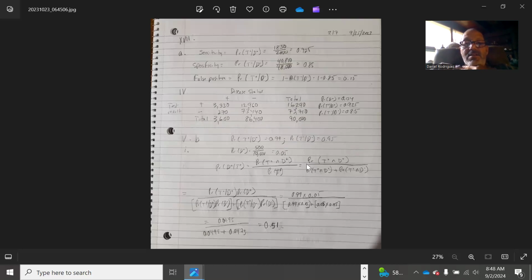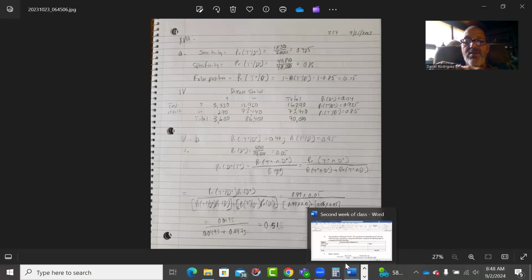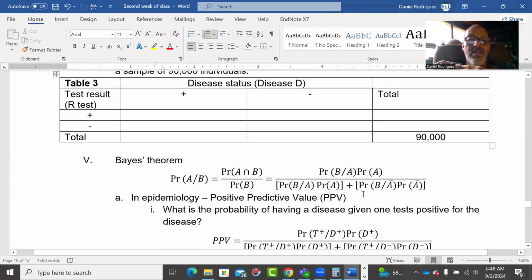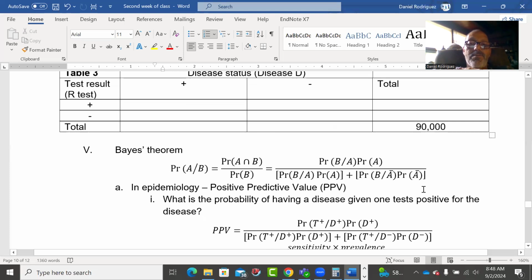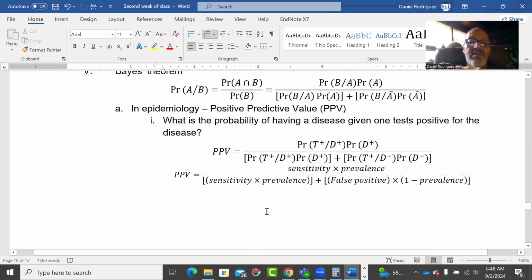All right, the last thing I want to talk about is something known as positive predictive value, or the PPV. To calculate PPV, we can use something known as Bayes' theorem. Now, by definition, PPV, positive predictive value, is the probability of having a disease given one tests positive for the disease.